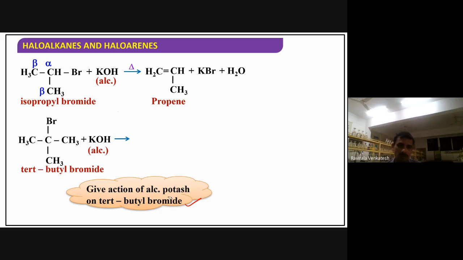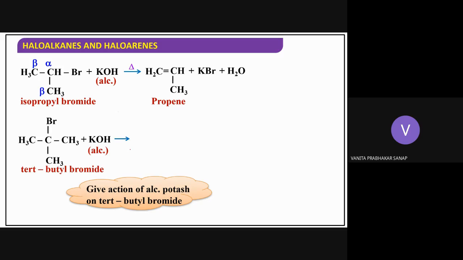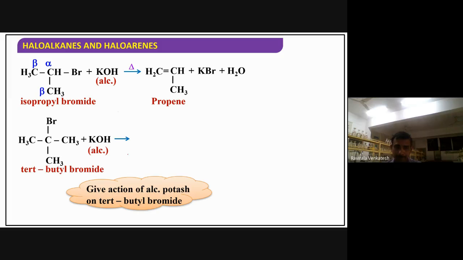Vanita, tell me the product now. Sir, butene. What is the name? Butene. How is it butene? Have you written it on the notebook? Otherwise, simply you are saying butene like this.